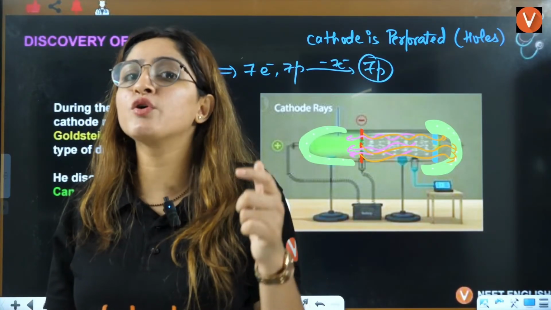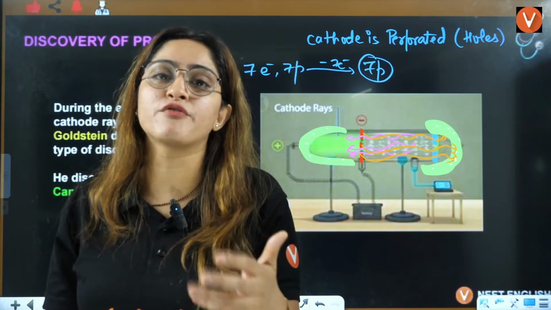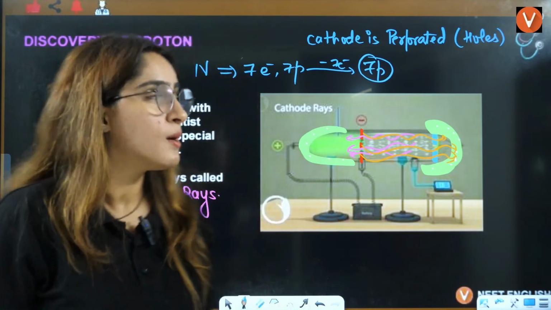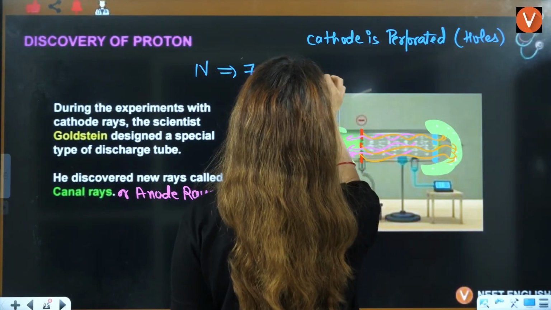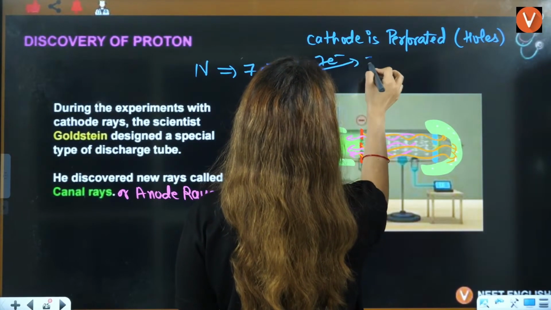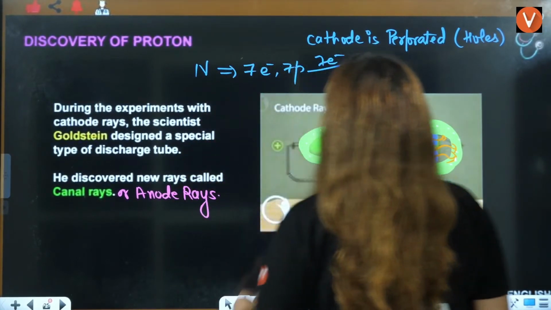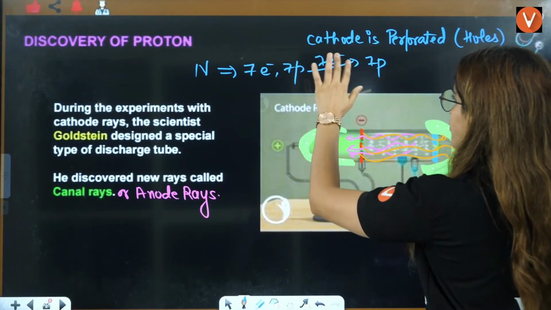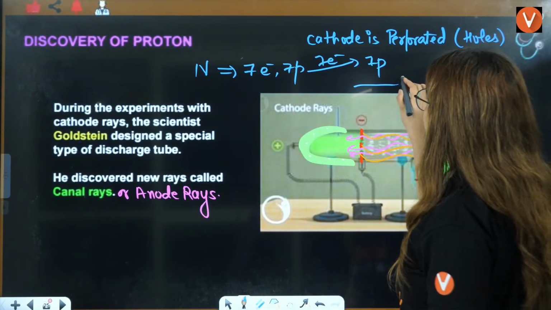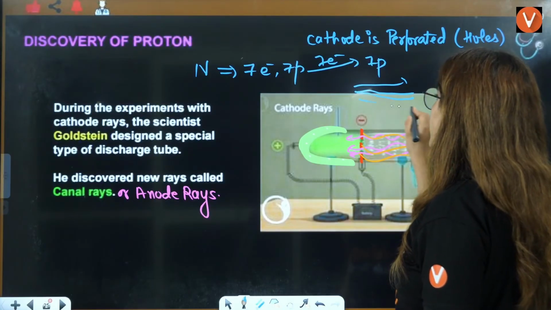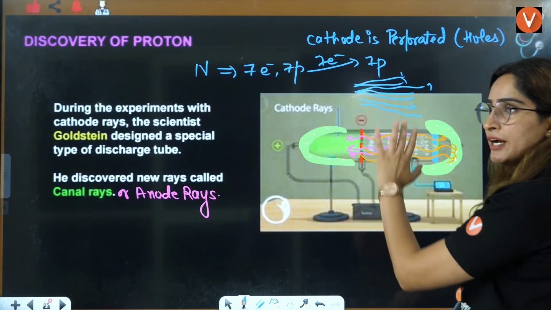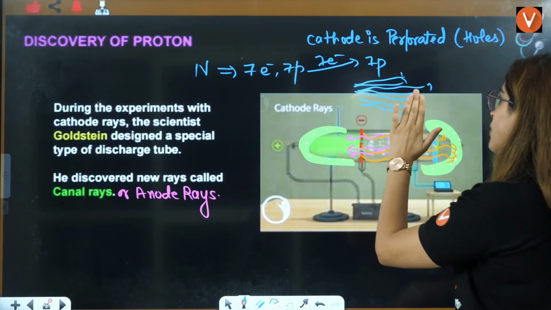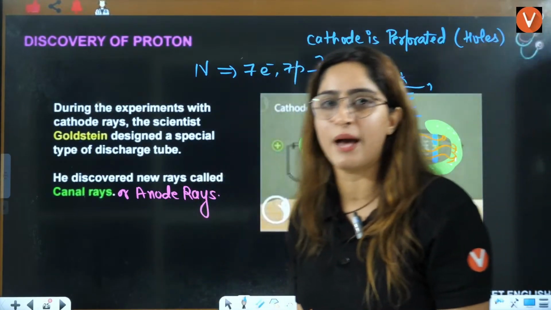So everything was different on using different gases, right? When you're taking out 7 electrons, one is going here, other is going here, third is going here, fourth, fifth, sixth, seventh. They have individualities because they were free in the atom as well.